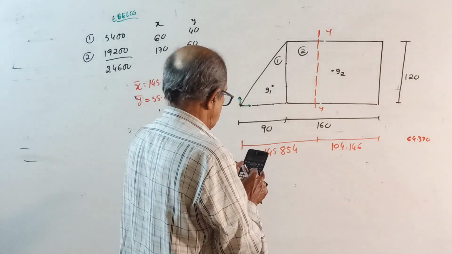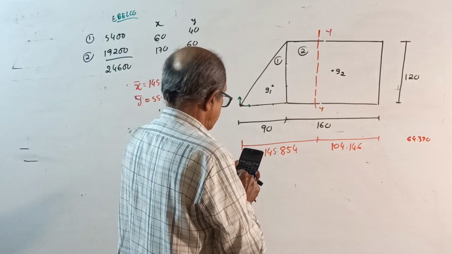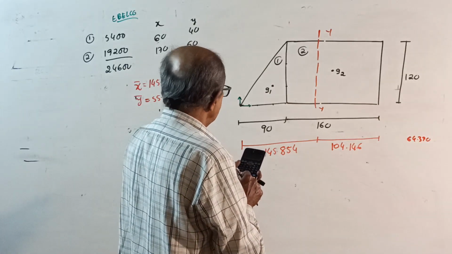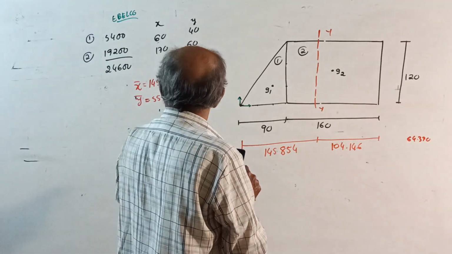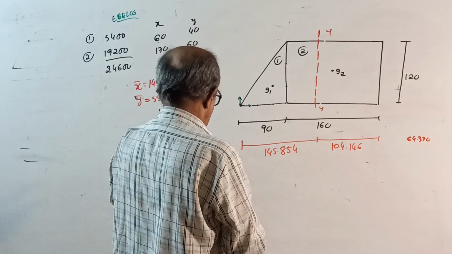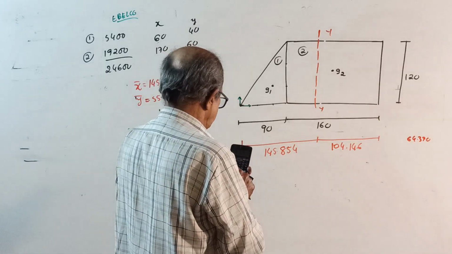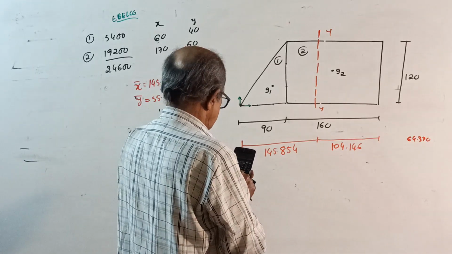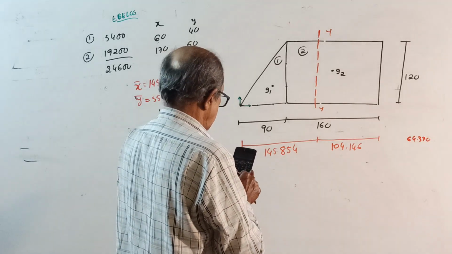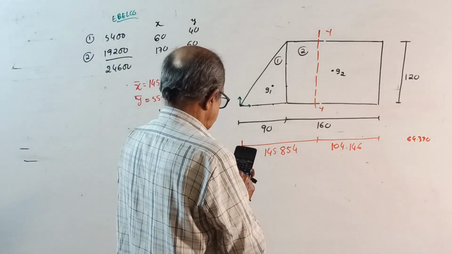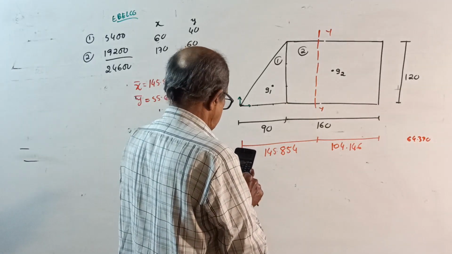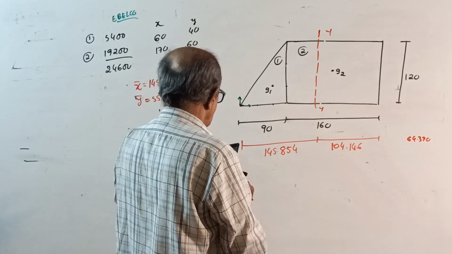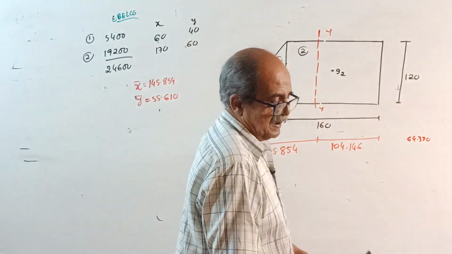120 into 160 into 80 plus 45 into 120 into 160 plus 30 divided by 24600. Something is wrong in the calculator today. We get 104.14, perfectly correct.